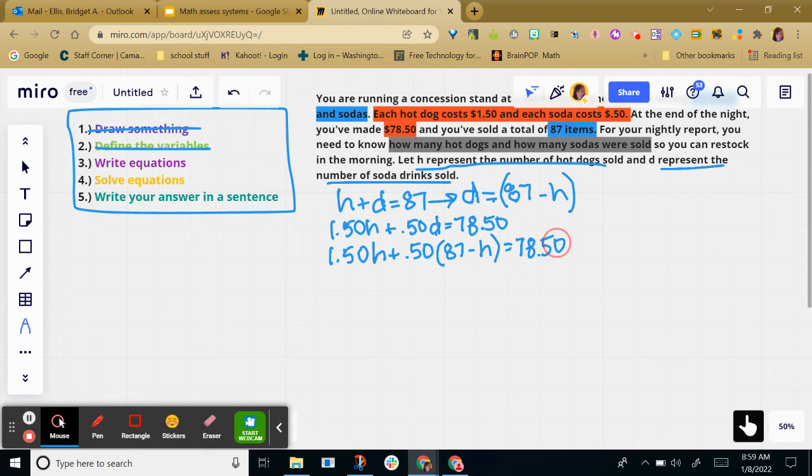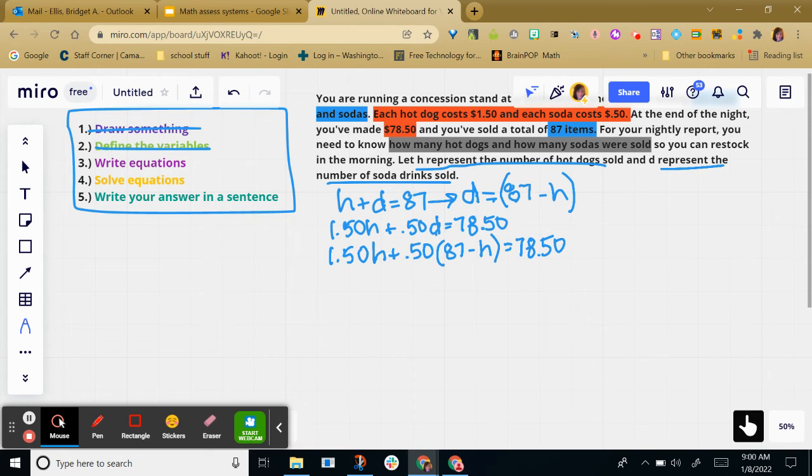So I just want to point out that the reason we've used this substitution is because now this equation only has one variable. It just has H's, and we know how to solve those.